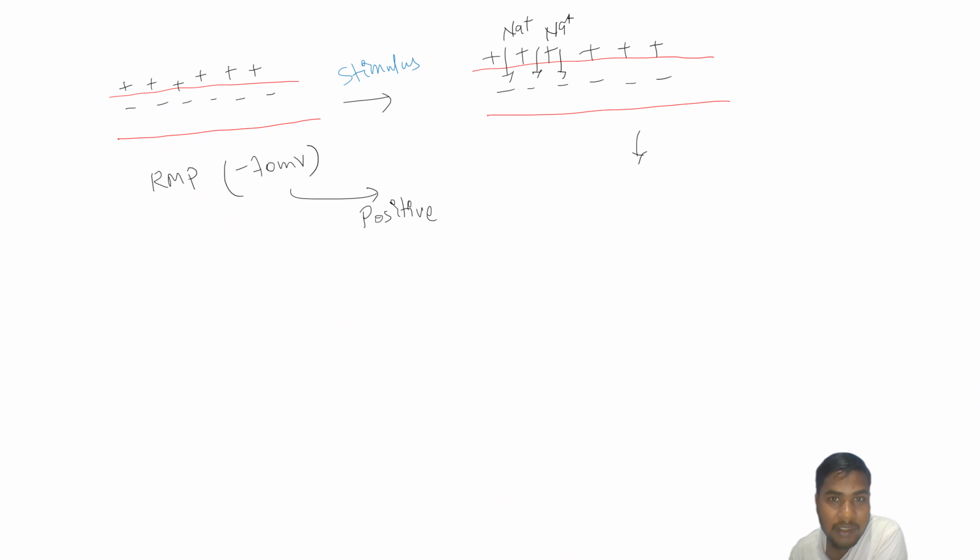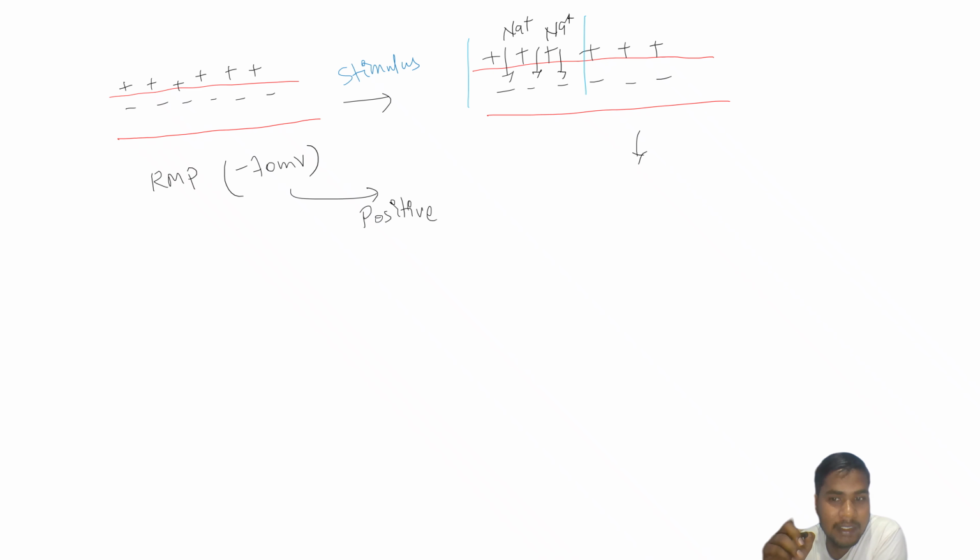Again, because of dominance of positive charge inside. At this local site, sodium ion is moving inside, and due to this, the inside is going to be positive, and it is now increasing the membrane potential from minus 70 millivolt to minus 60, minus 50, minus 40, and so on.